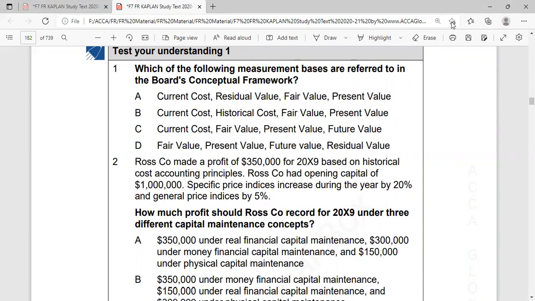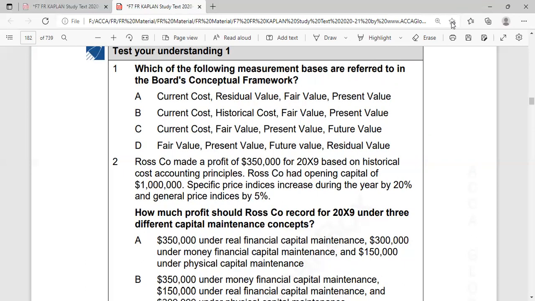Then, coming to the MCQs. First one: which of the following measurement bases are referred to in the Board's conceptual framework?